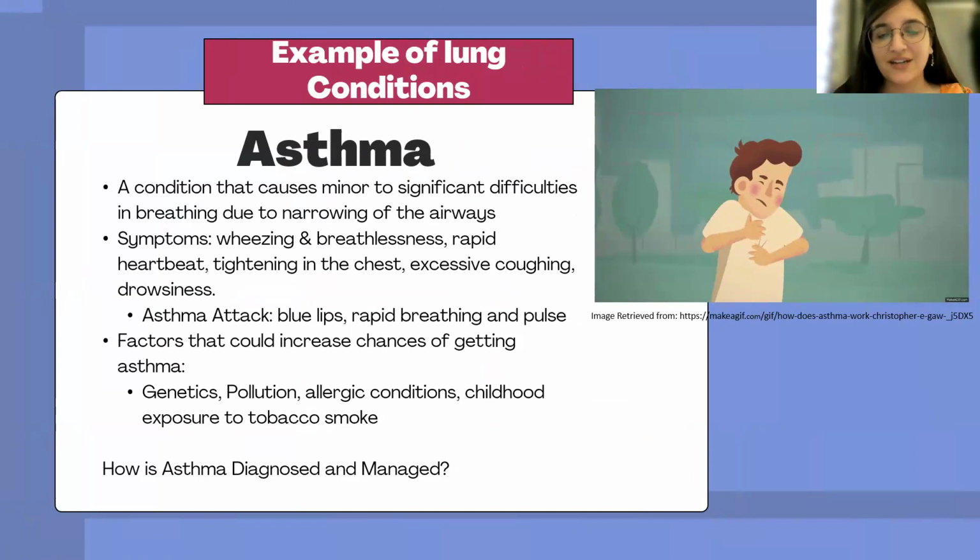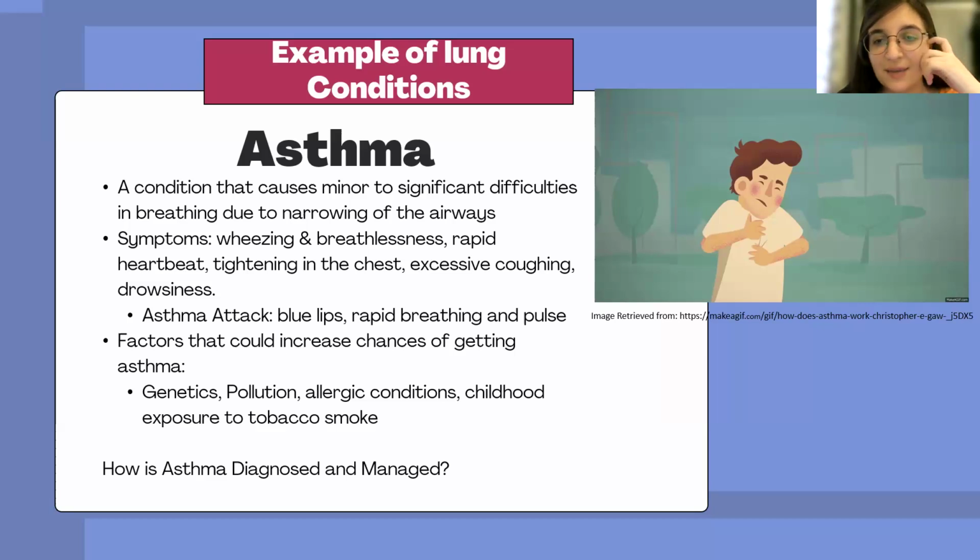Their heartbeat is very fast, and sometimes they cough, with so much coughing going on. They also feel tired and drowsy. In a severe asthma attack, their lips can turn blue and their heart rate and breathing rate go very high.